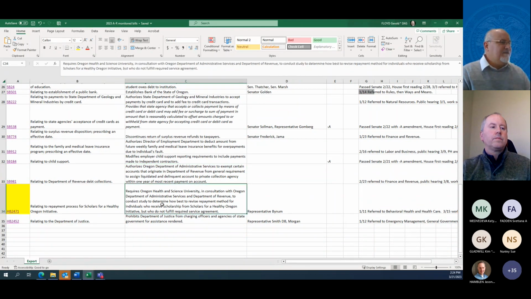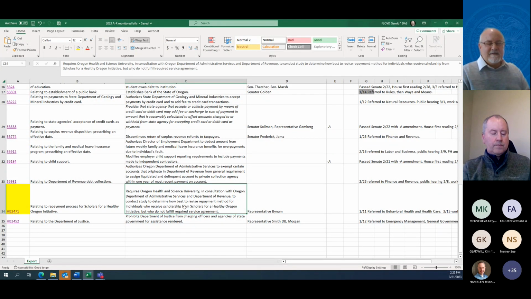House Bill 2471, which has to do with OHSU and DAS and Department of Revenue studying how to revise a repayment method for individuals that get a scholarship for the Healthy Oregon Initiative, but have not fulfilled their requirements.